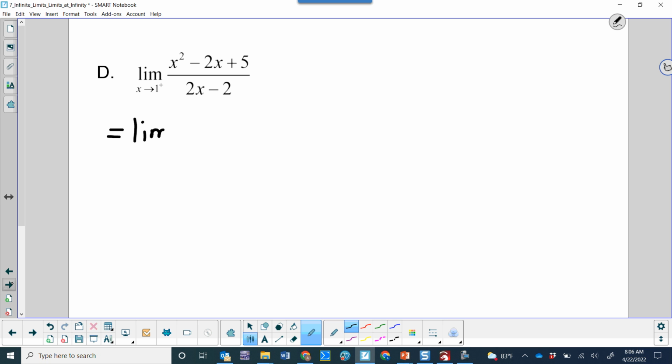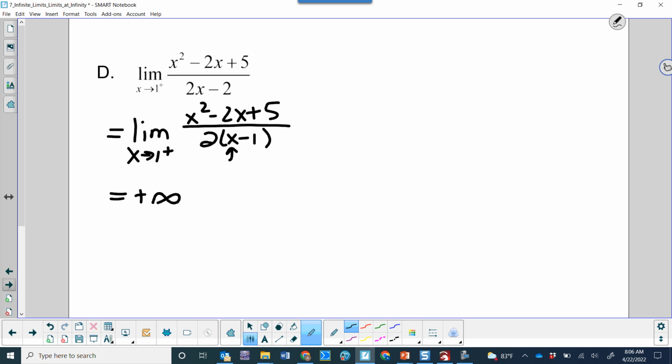Now, why does factoring help me even though the top doesn't factor? Well, it's because I'm trying to figure out the sign, positive or negative, and notice it's so much easier on the bottom because it does factor. Same argument here, except the bottom now is positive because a number bigger than 1 minus 1 is certainly positive. And then the top is going to be positive. So this is going to go to positive infinity.